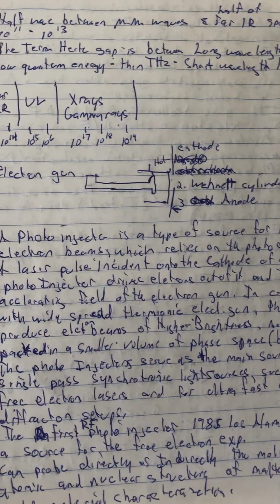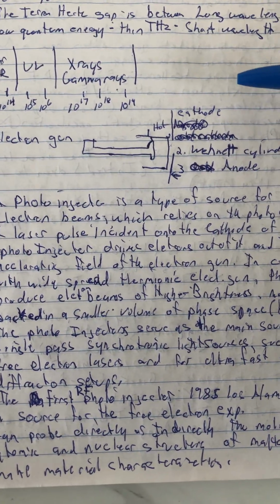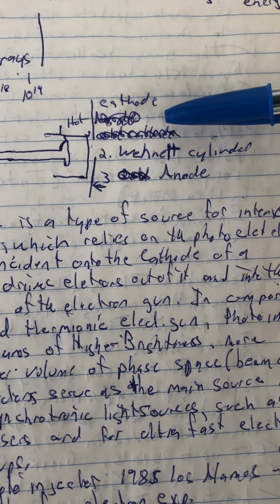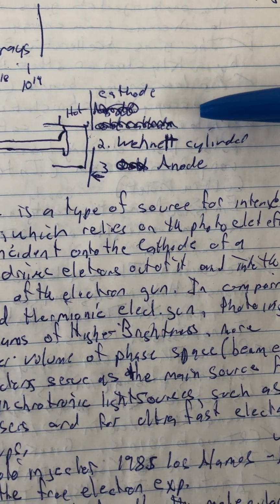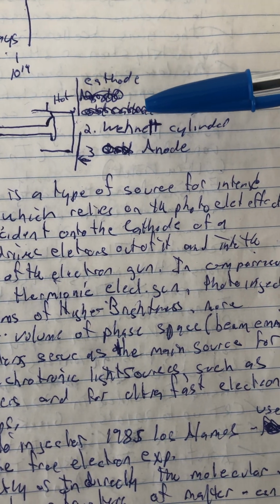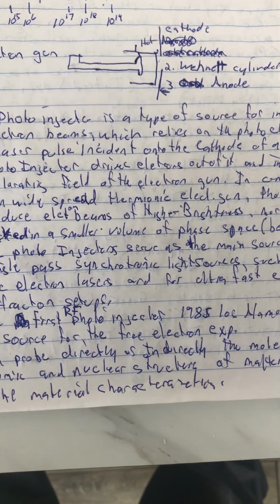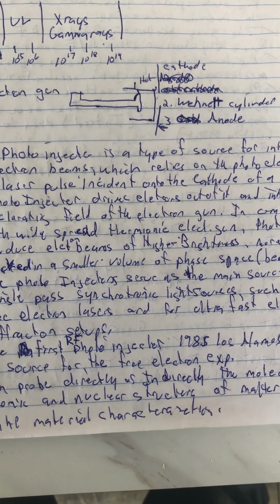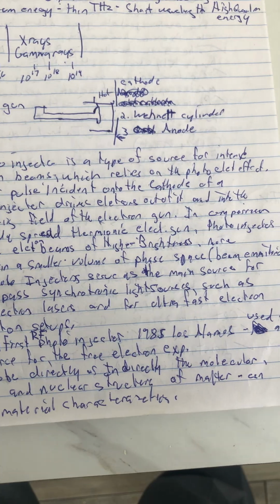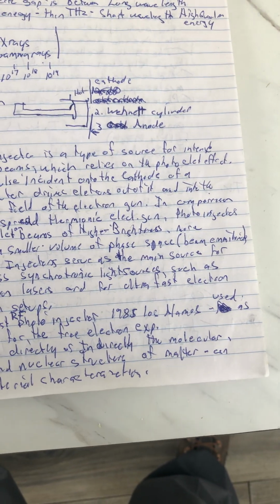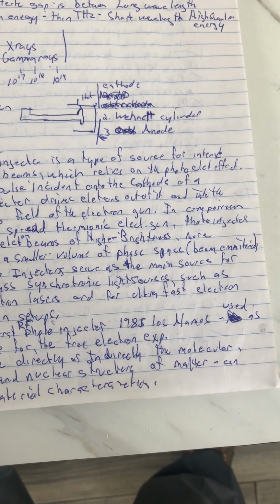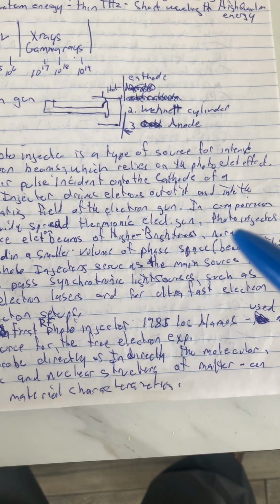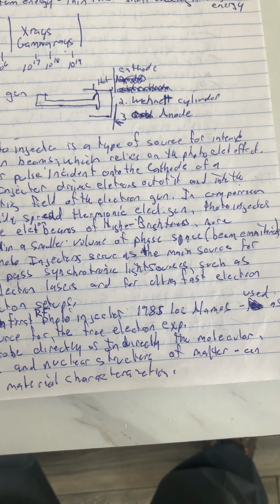So this is basically what an electron gun looks like. You have a hot cathode, then you have a Wehnelt cylinder, and then you have the anode. A photoinjector is a type of source for intense electron beams which rely on the photoelectric effect. A laser pulse incident on the cathode of a photoinjector drives electrons out of it and into the accelerating field of the electron gun.